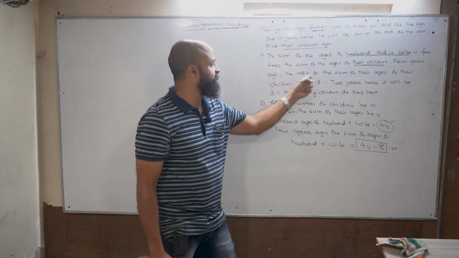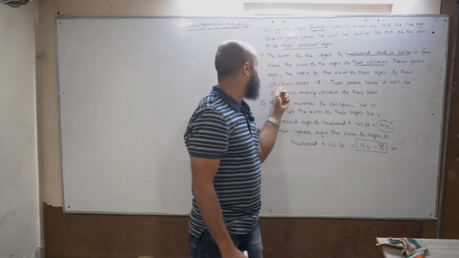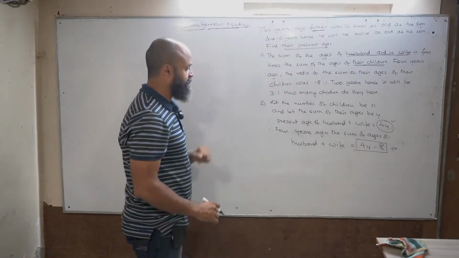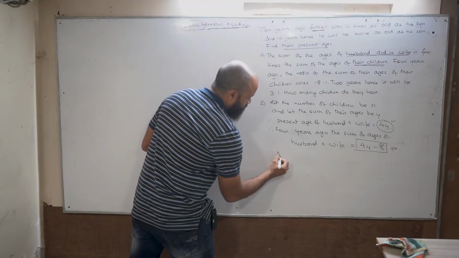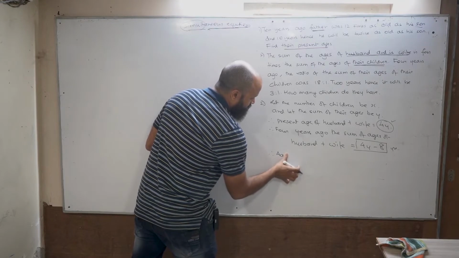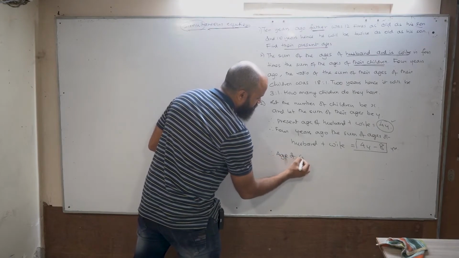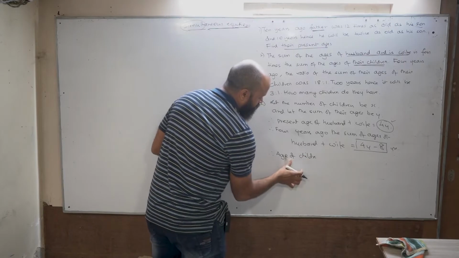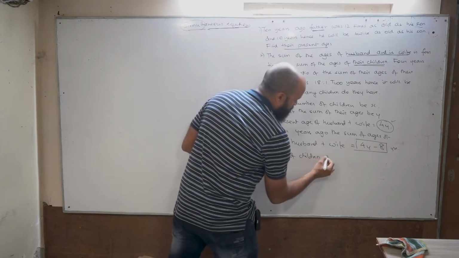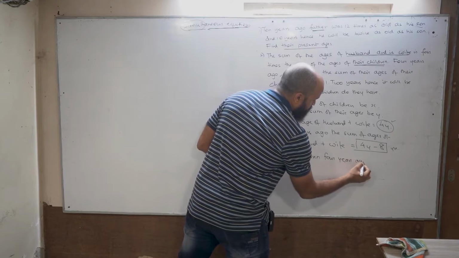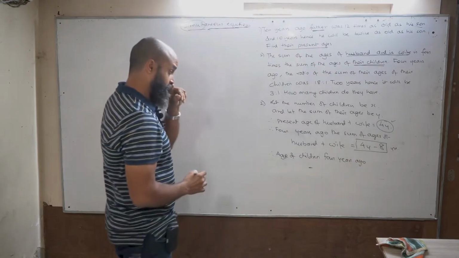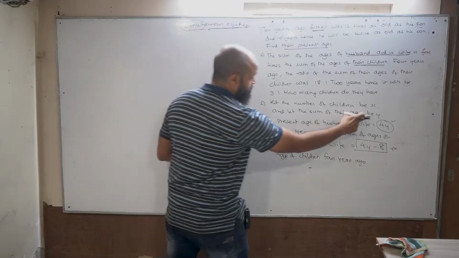Now, 4 years ago, the ratio of the sum of the ages of their children was 18:1. Now, let's get to the ages of the children. Age of children 4 years ago. Very quickly, what do we have here? Their present age, the sum of their ages, is y.